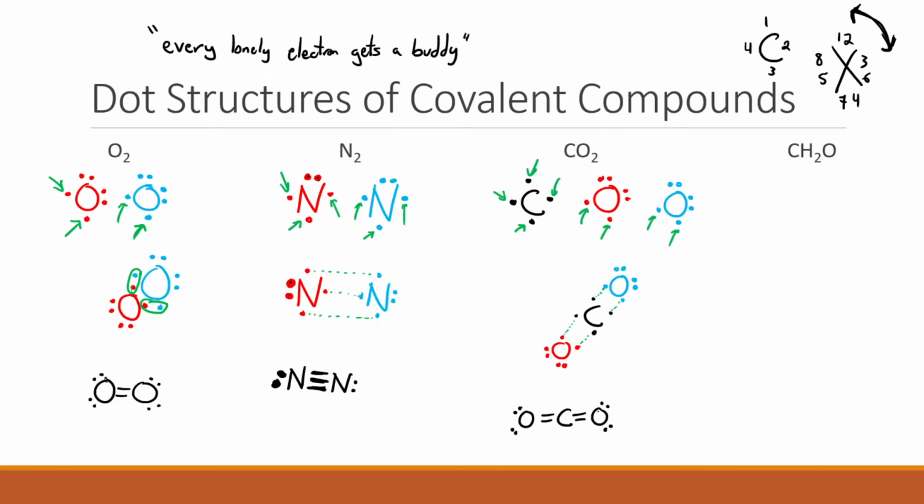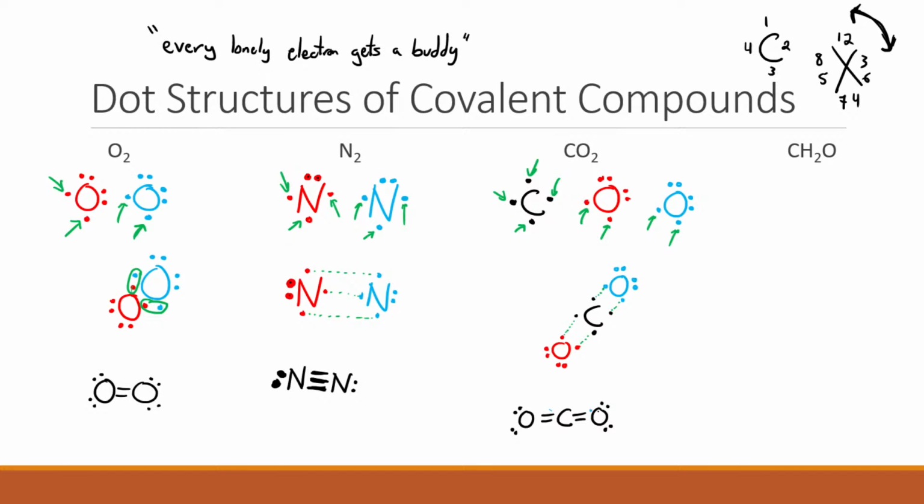Checking our work shows us this oxygen has 2, 4, 6, 8 electrons. This oxygen also has 8 electrons, 2, 4, 5, 6, 7, 8.